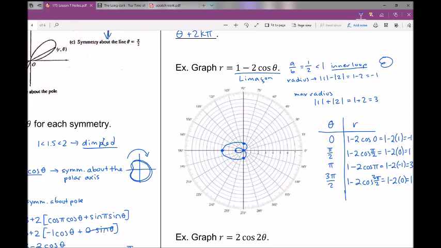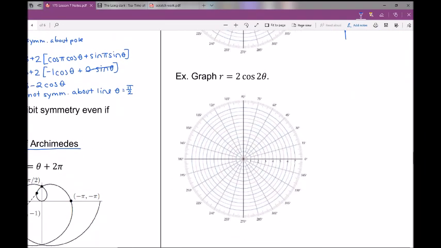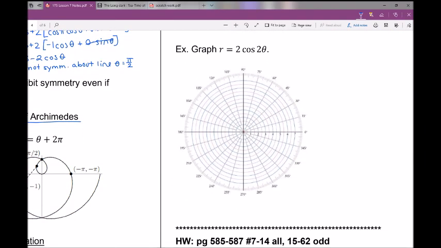Alright, so let's look at another example where we have r equal to 2 times the cosine of 2 theta. If we look at the form of this equation, we know that we're going to get a rose curve. And we know that the number of petals is going to be 2 times 2 because the 2 next to the theta is an even number, and so we'll have twice as many petals, so we'll have 4 petals.